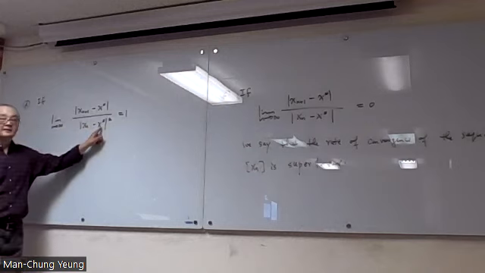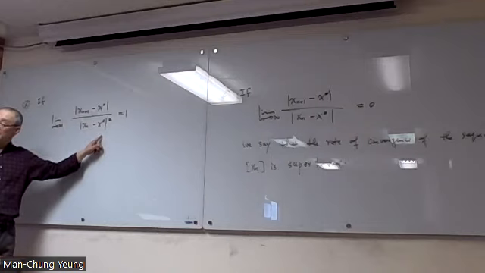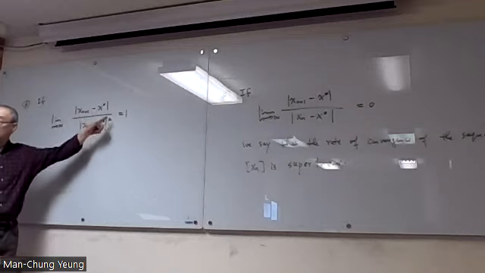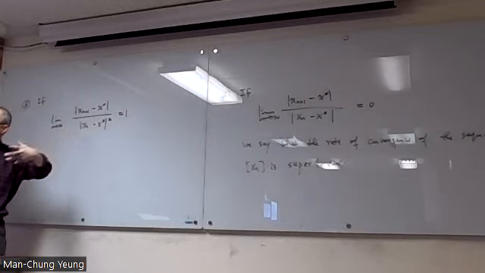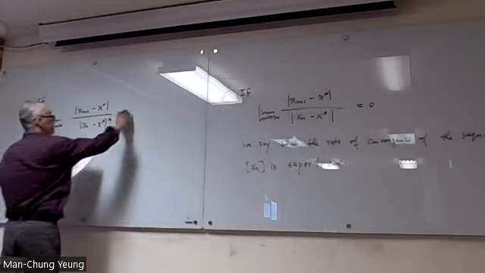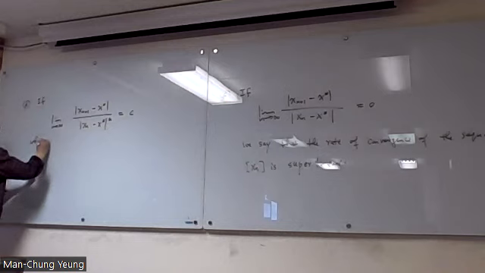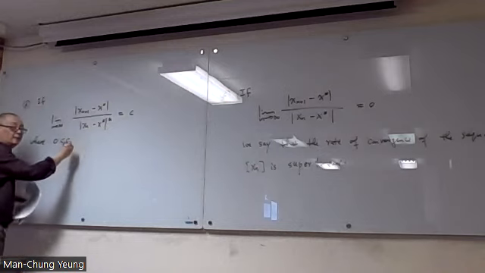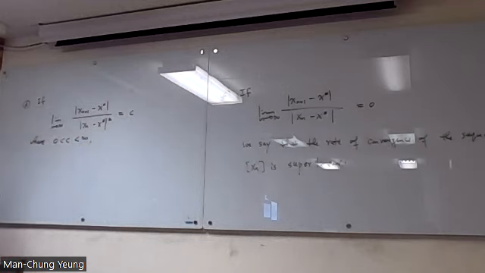Usually, because x_n converges to x star, when n is large enough, |x_n minus x star| should be less than 1. So this is a small number, and its square is even smaller. Now the current distance compared to this even smaller number converges to C, where this time C is not required to be between 0 and 1.